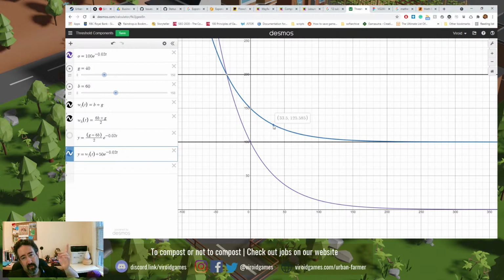But compared to 72 hours to get to this level, you are going to need 33 hours to get to this scary zone, which makes sense because you are starting with less water content. You're starting with 150 liters of content instead of 200. So of course, when you have more stuff, it will take longer to evaporate. So this actually checks out.